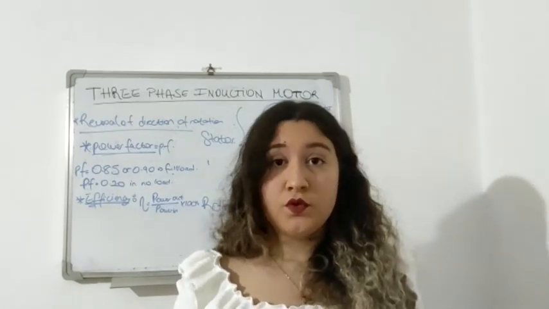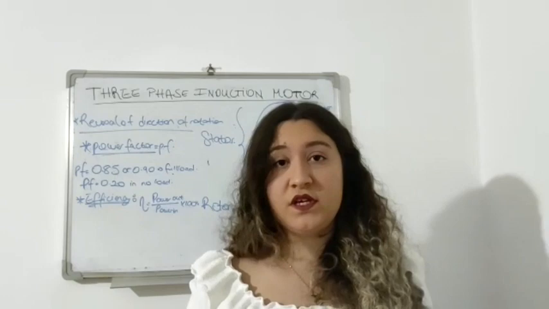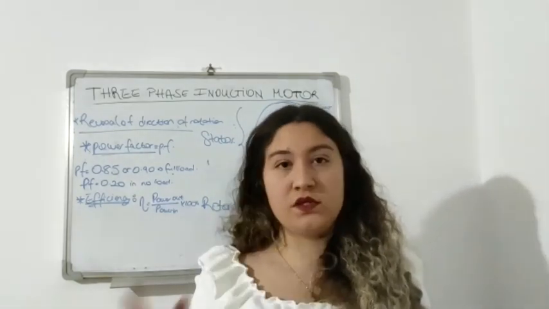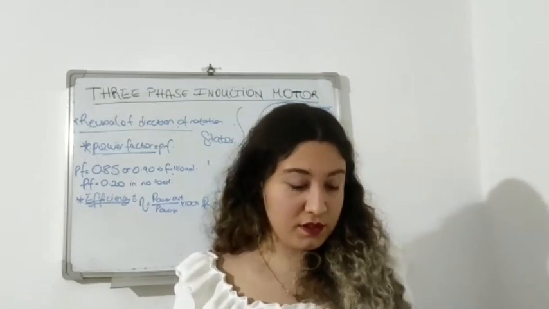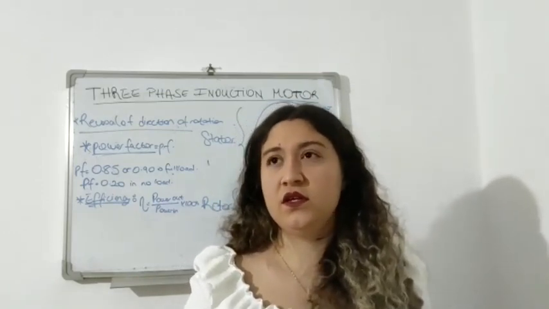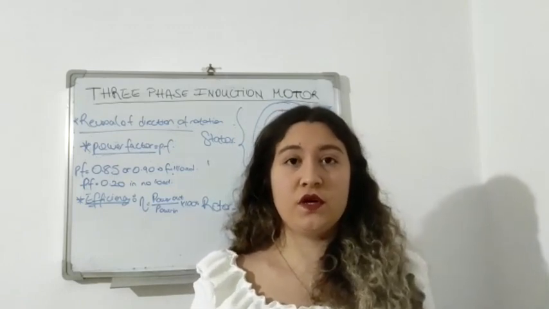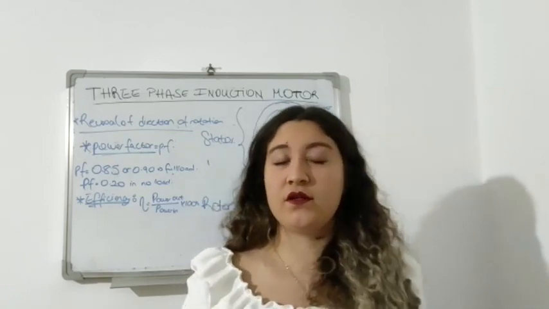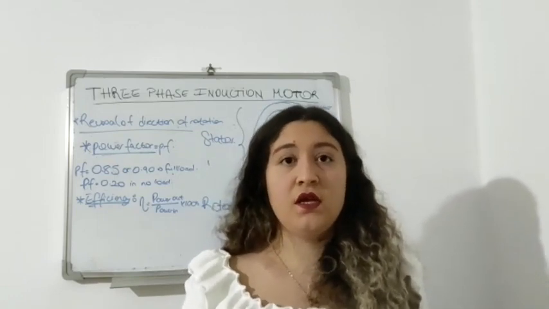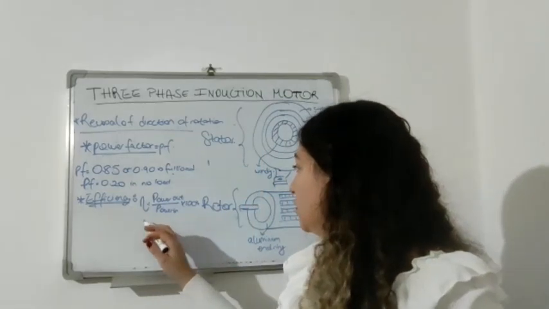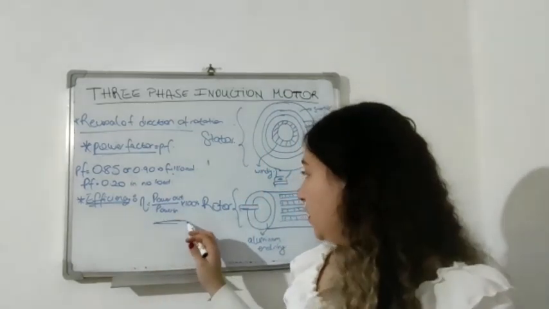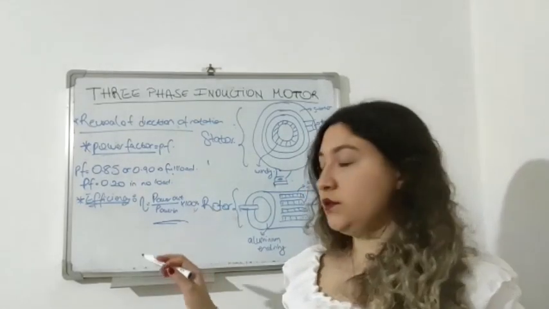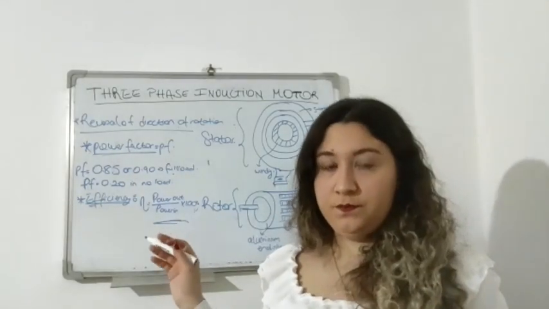The corresponding motor losses are as follows: friction and windage, stator losses, rotor losses and iron core losses. When we talk about the efficiency, we are talking about the losses. We can find the efficiency from this formula: power out over power in, multiplied by 100 percent. This one is the formula.